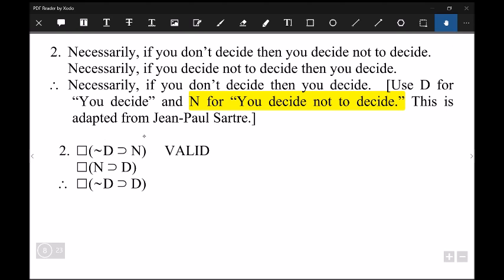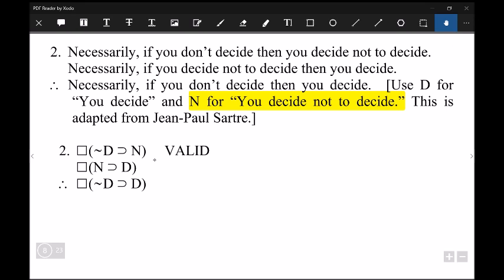And let's say there's a decision that you're facing and you decide to put it off. Well, you're deciding not to decide, or you decide to follow what your mommy and daddy tell you, or your logic teacher tells you, a very foolish thing to do. Well, then you're deciding to follow what someone else says.